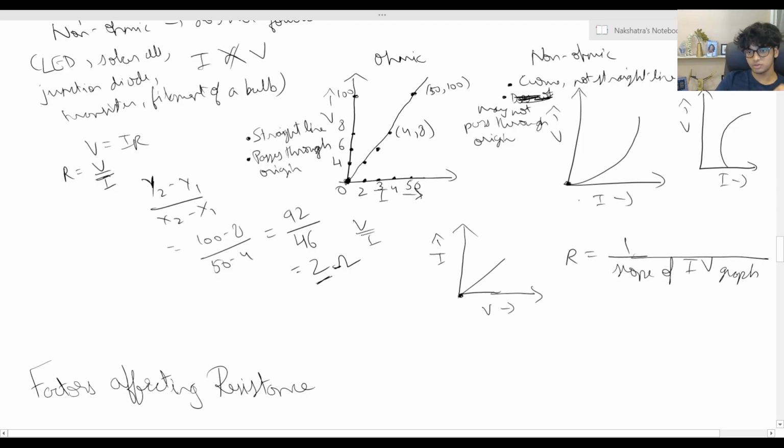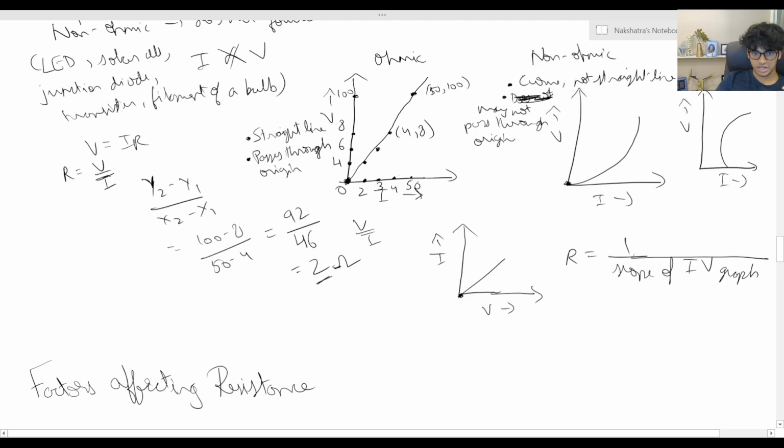Now they might also ask you to find the resistance for a non-ohmic resistor, but for this the resistance won't be constant. We know that if it follows Ohm's law, resistance will be a constant, which is V upon I, and V is directly proportional to I. So here from the ohmic graph we can see that V is always directly proportional to I. When this is 4, this is 2, if it gets doubled, this becomes 8, this becomes 4.